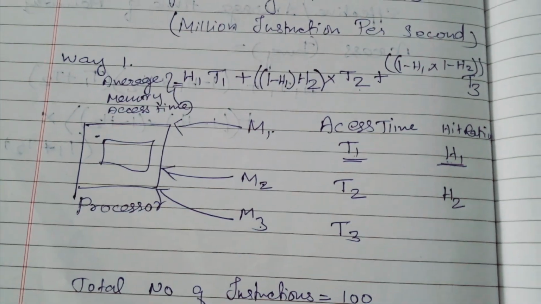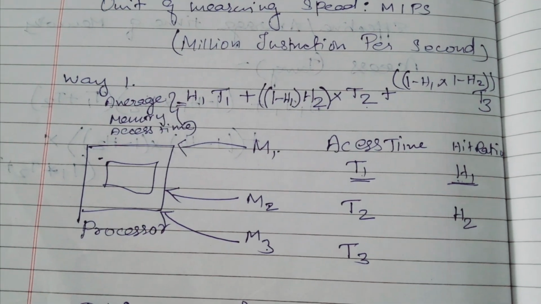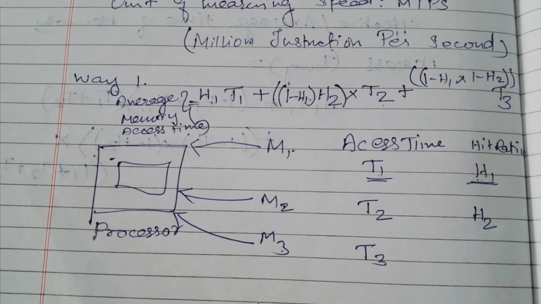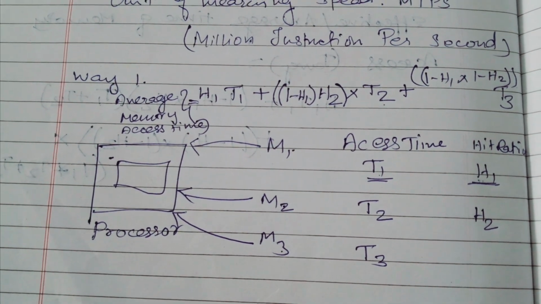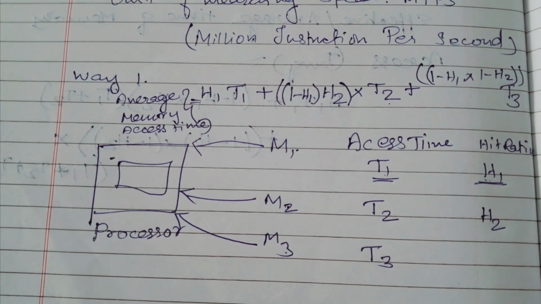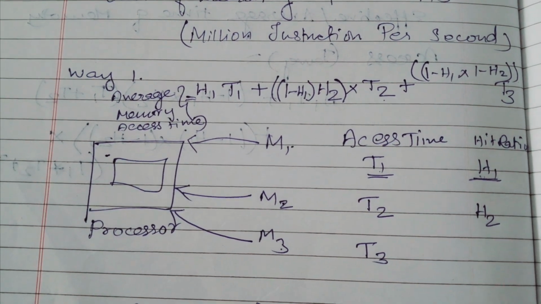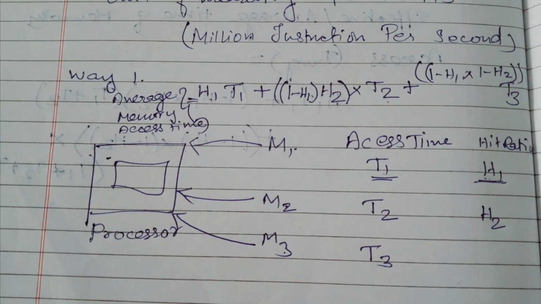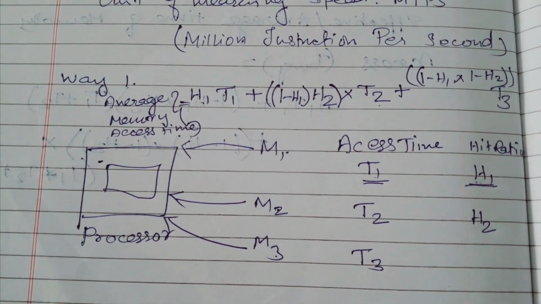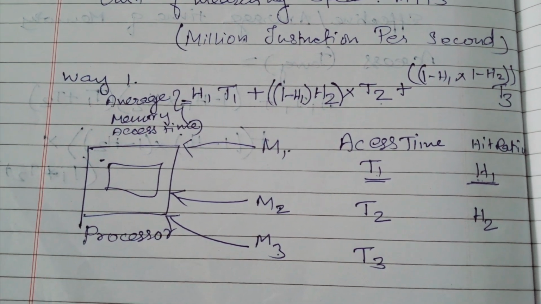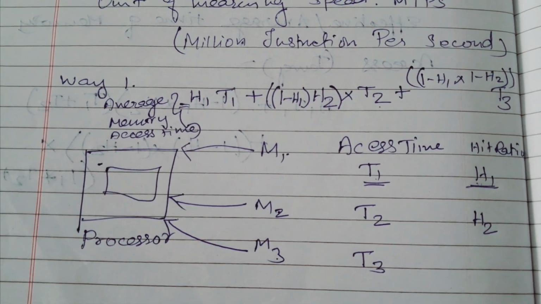So the memory access time we take as T1, and the hit ratio as H1. The memory is parallelly fetching to the processor. So the average memory access time is equal to H1 T1. H1 means hit ratio 1 multiplied by T1, which is the access time.